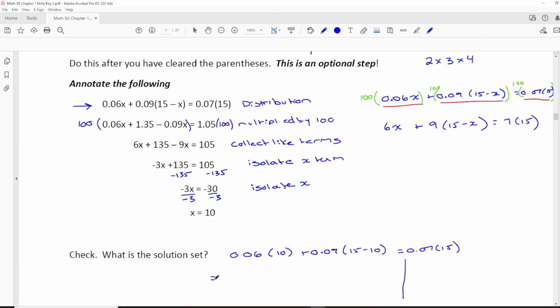So 0.06 times 10 plus 0.09 times bracket 15 minus 10 unbracket equals, I get 1.05 on the left, and on the right I've got 0.07 times 15, which is 1.05. Yay! So my solution set is that 10 is the solution to this equation.